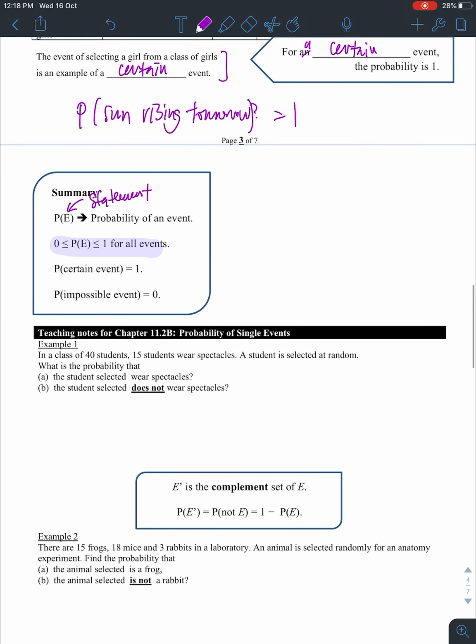So if you were to calculate your answer, and your answer is more than 1 or less than 0, you know that you have to check your work because it is impossible for the probability to be more than 1 or less than 0, okay? And a probability of 1 means that the event is certain, right? The probability of an event equal to 0 means that it is an impossible event, okay?